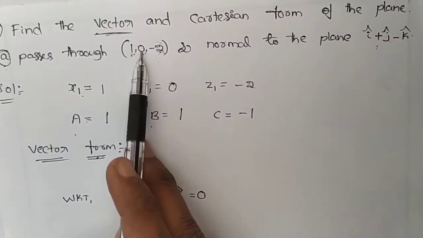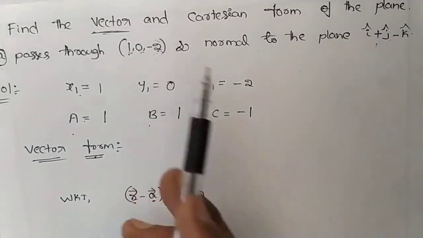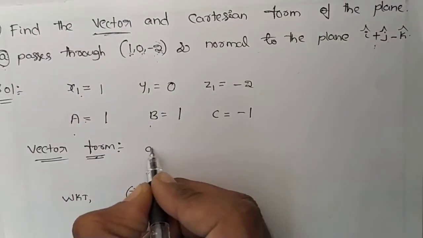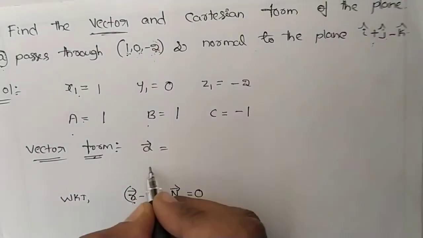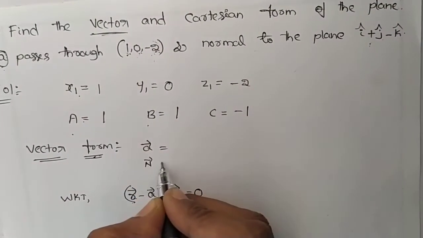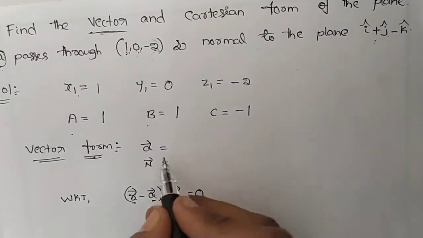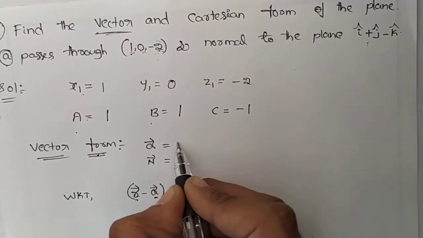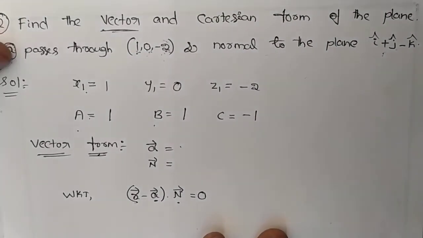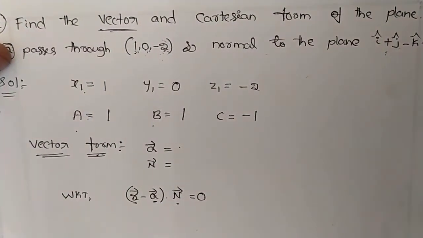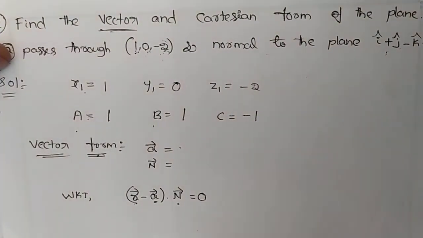The n vector is nothing but the normal to the plane. If you see the note points of this derivation, you will come to know the a vector and n vector.